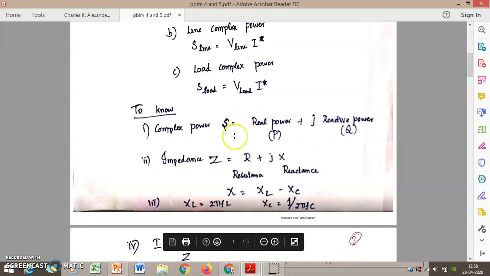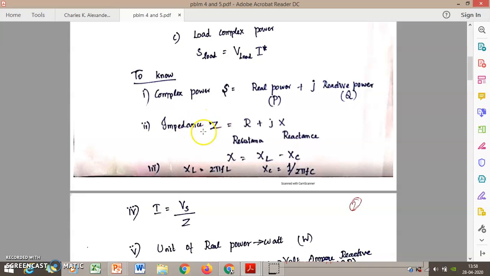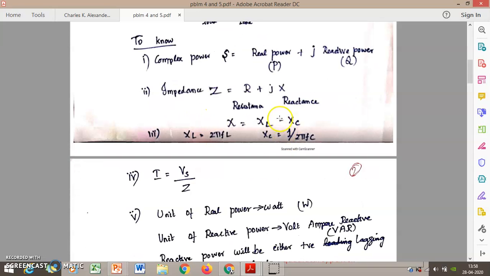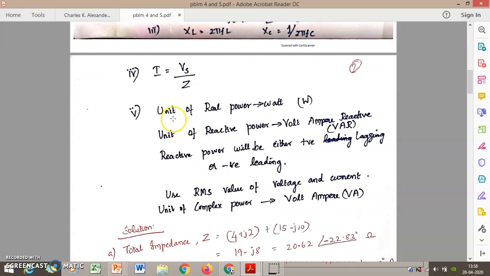So, the complex power is real power plus J reactive power. Impedance is R plus JX. What is this X? X equal to XL minus XC. XL equal to 2 pi FL, XC equal to 1 by 2 pi FC. To find the current, we can calculate using the simple Ohm's law formula Vs by Z. And these things would be known.